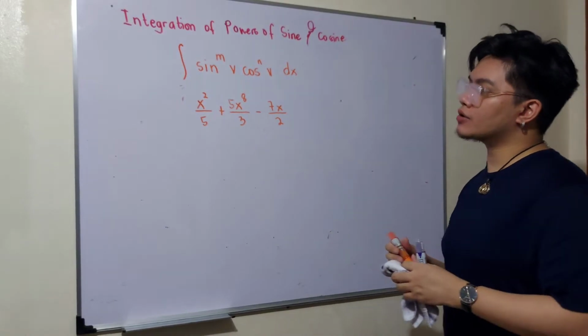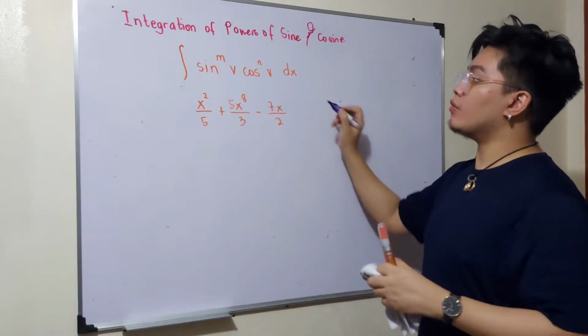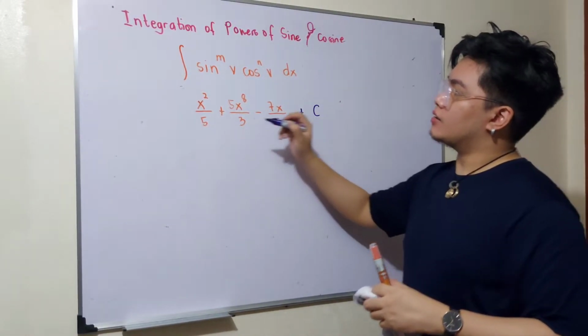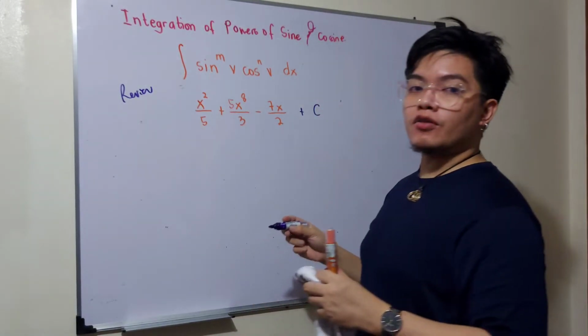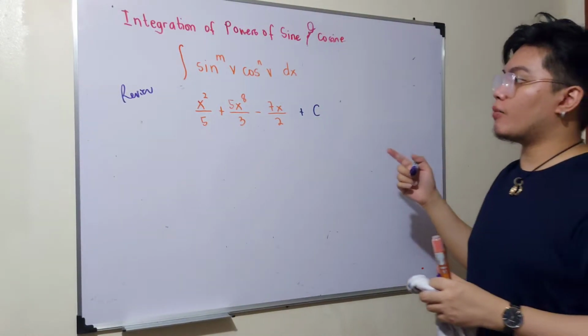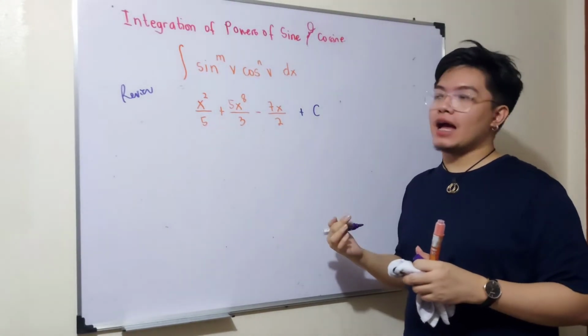Ayan. So, halimbawa, gusto natin ayusin yung itsura nung, halimbawa, may plus c. So, review ang factoring. Halimbawa, gusto natin i-combine yung fraction, tapos gusto natin maayos yung itsura.